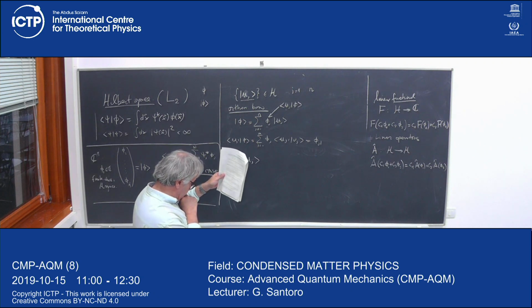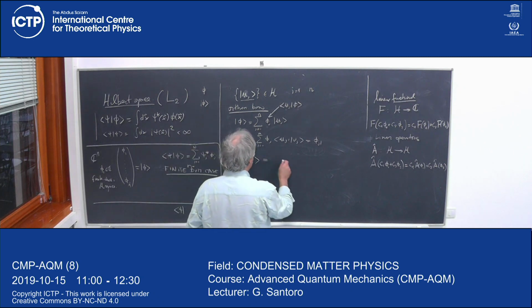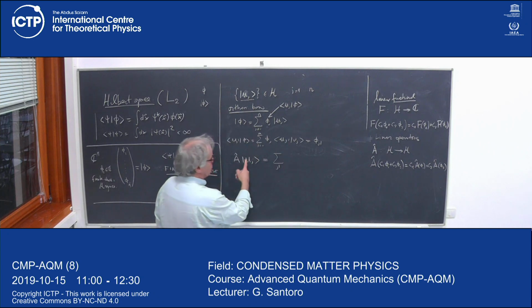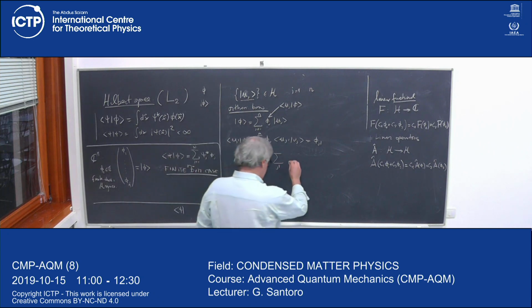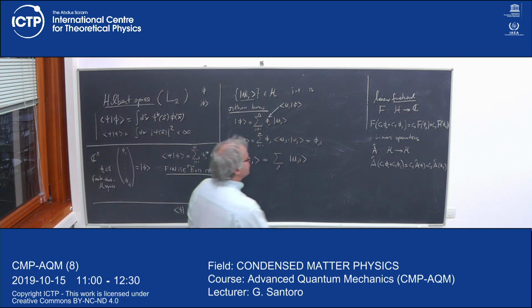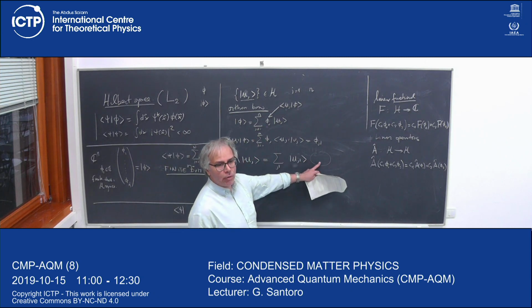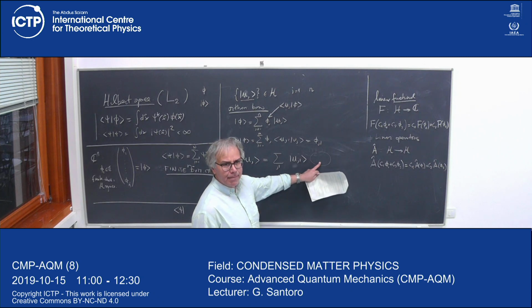Now, this is certainly equal to some combination. Since this is a vector in the space, it must be some combination of the uj prime with some coefficients. Now, the question is, how do I obtain the coefficients? And again, the trick is almost the same.